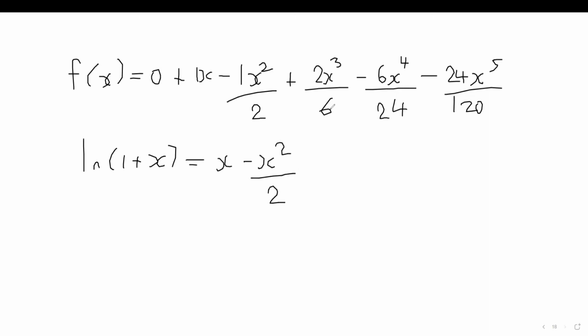Now instead of 2 over 6 there, we can write that as 1 over 3, so it is x cubed over 3. 6 over 24 is 1 over 4, so that's minus x to the 4 over 4. And then 24 over 120 is 1 over 5, so x to the 5th over 5.